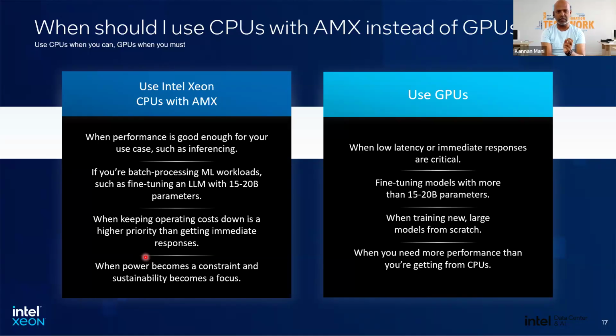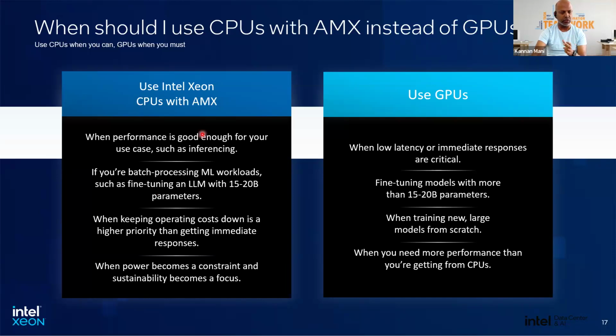If the AI workload is an inferencing workload, and you don't care much about latency, meaning normal latency is good, and your model is less than 15 to 20 billion parameters, you might as well be good running on an Intel Xeon CPU with AMX.